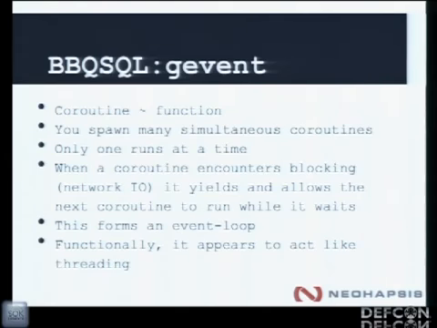So what we have is coroutines, and you can think about coroutines as being functions, essentially, but you're spawning a bunch of them that run at the same time. This seems familiar if you've done threading. But the thing here is that the process scheduling is much more explicit, and we have much more access to that. So you're spawning up all of these coroutines, but only one of them is actually running at a time.